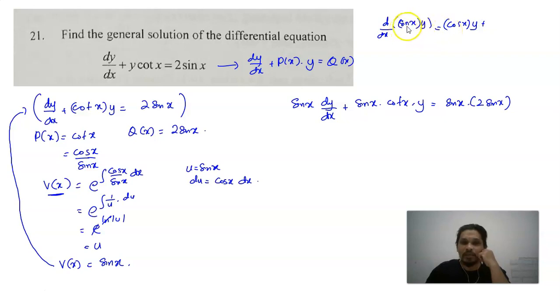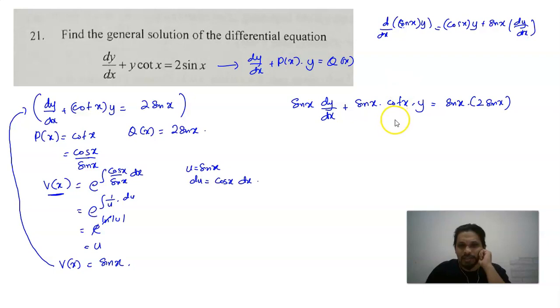Then rewrite sine x and differentiate y with respect to x, which comes out with dy/dx.